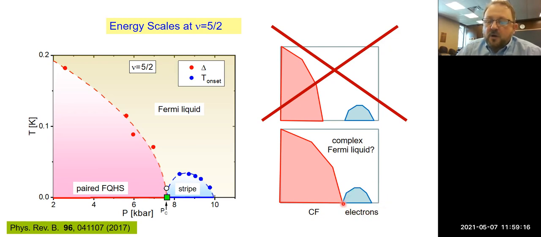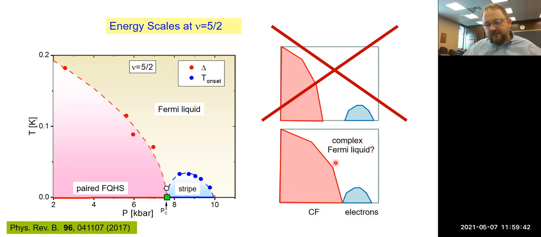Whereas if you go left of this quantum critical point, the critical pressure, everything that you would see there would need to invoke the existence of the composite fermions. So this critical pressure is very interesting. Somehow you have to make a transition in describing your system from the composite fermions towards the electrons. Now, this is of course going to have very interesting implications also for the Fermi liquid.